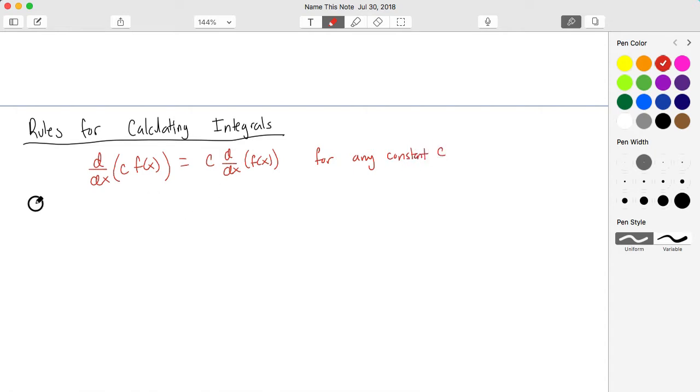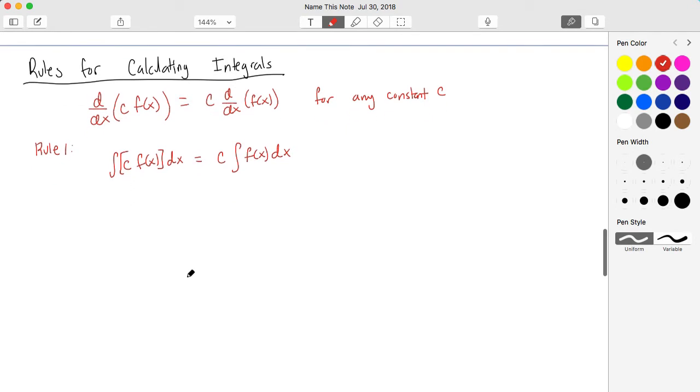And from this we can derive rule 1, which is if we take the integral of c times f of x dx, we can simplify this by taking the c out of the integral and doing the integral of f of x with respect to x. And this works for any constant c.